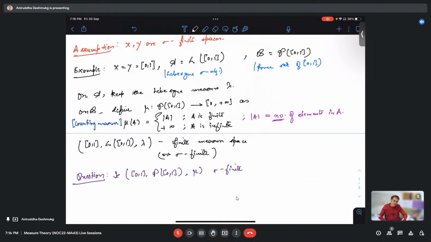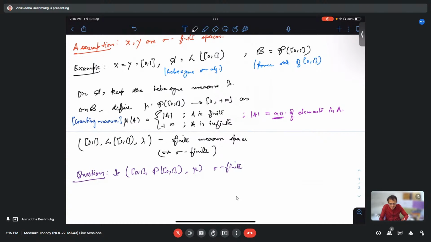If one wants to see it clearly, let us look at this. If A is the empty set, then it has no elements. Therefore, the number of elements inside it is 0. So the measure of the empty set is 0. And if we start with a countable family of disjoint sets, then either the union of that countable family will have infinitely many elements, in which case both things are infinite.